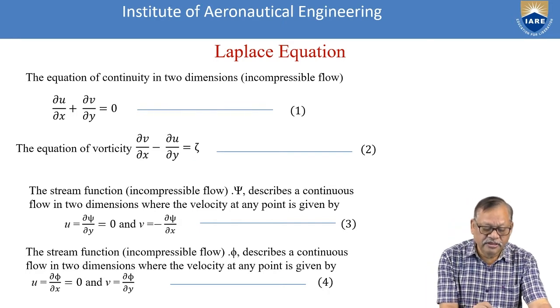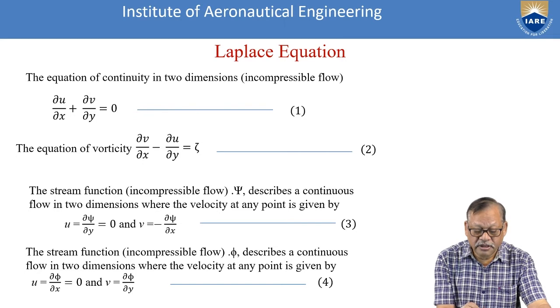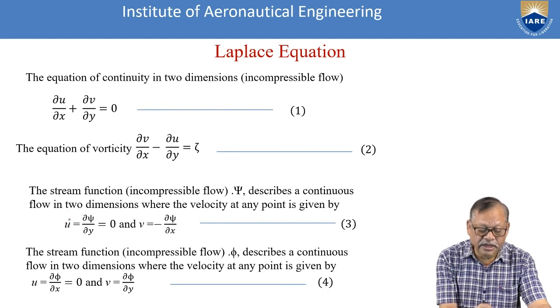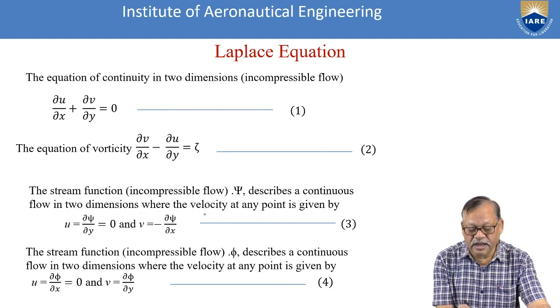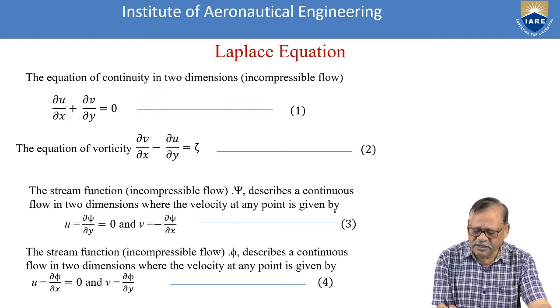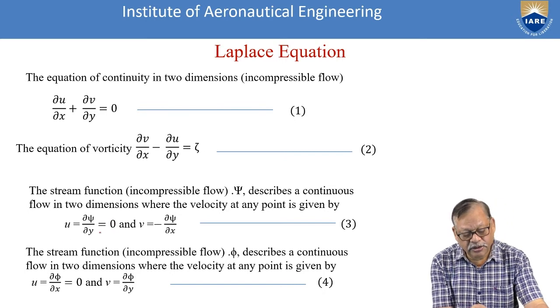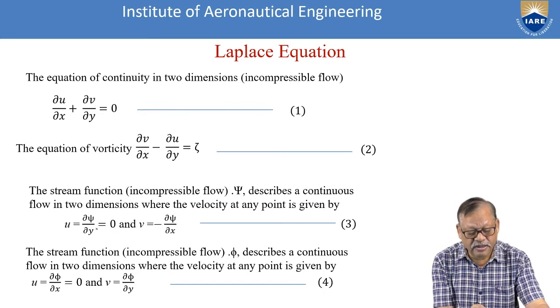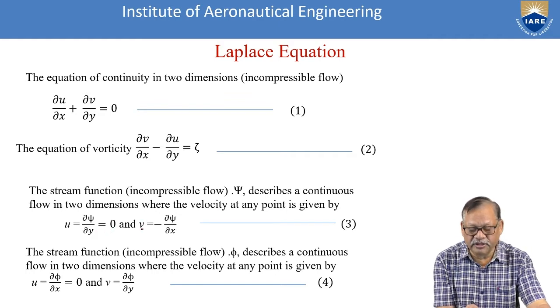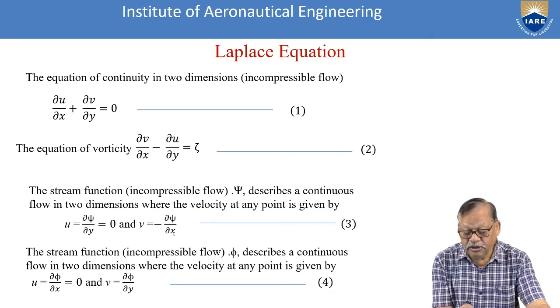You assume the stream function psi for the incompressible flow, which describes the continuous flow in 2 dimensions, where the velocity at any point will be given by u equal to dou psi by dou y, and the v direction, that is the y direction, velocity will be minus dou psi by dou x.